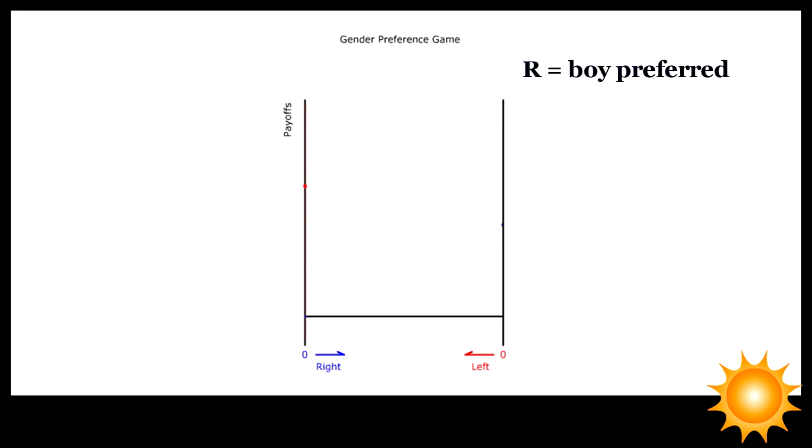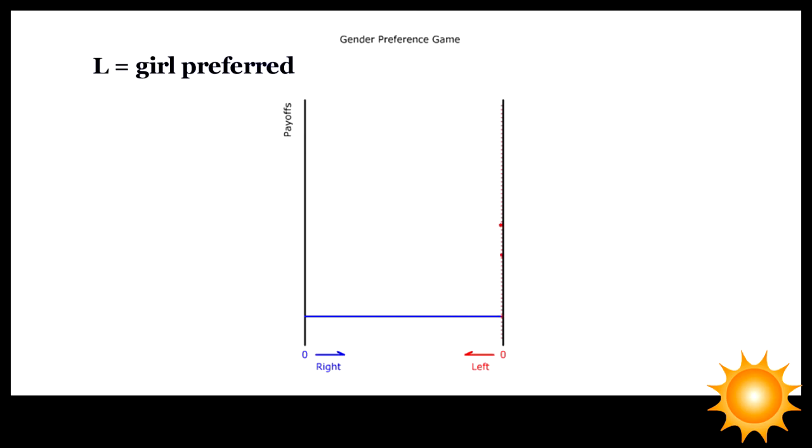Suppose R represents the preference for boys. The payoff curve might look like an inverted U. And the same for the L payoff curve for girls.